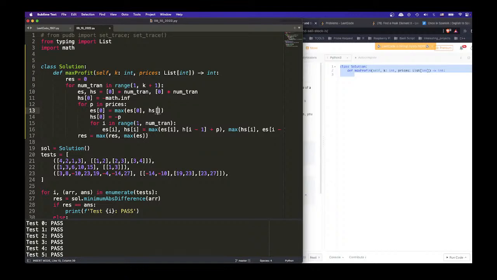Which one? That's the first transaction.